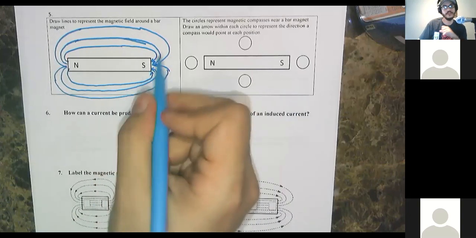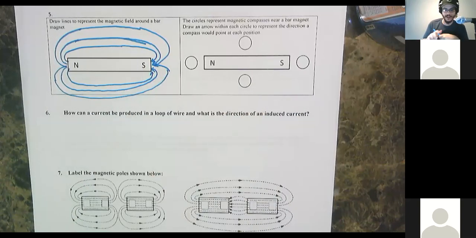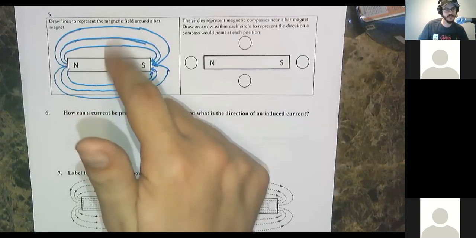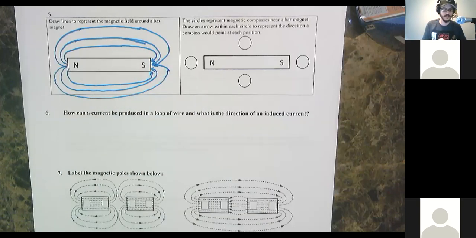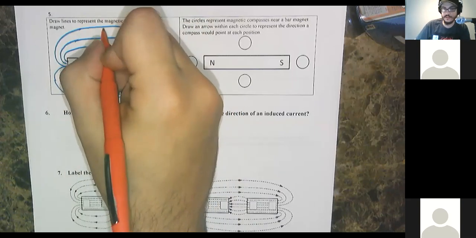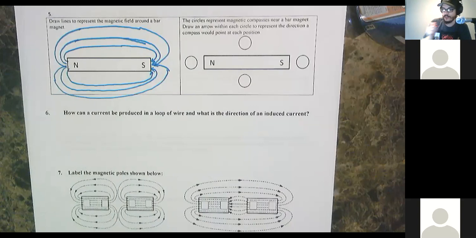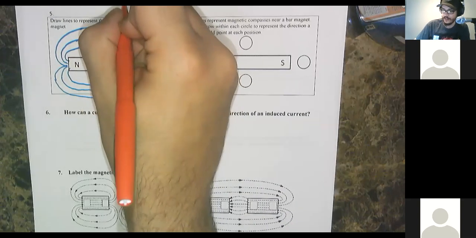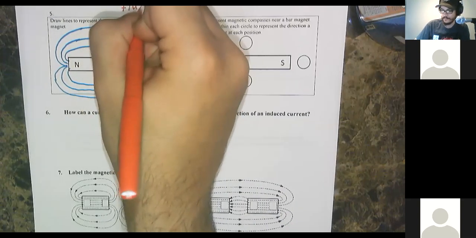So at the poles, you should have your arrows be really, really crowded to indicate that the magnetic field is really strong there. And as you get to the middle of it, they should be spread out to indicate that the magnetic field is weaker there. The concentration of these field lines is a quantity called magnetic flux.